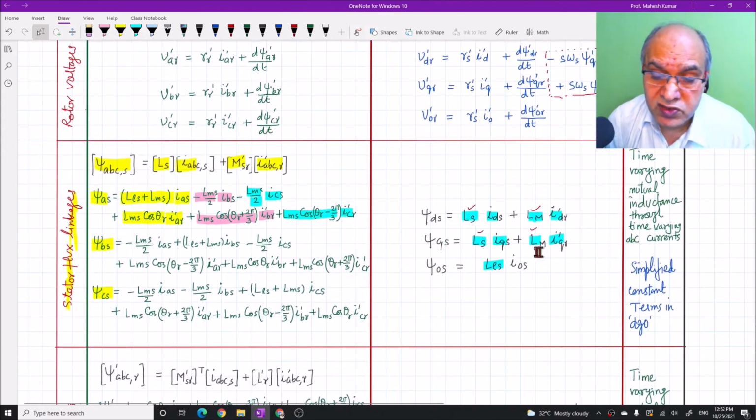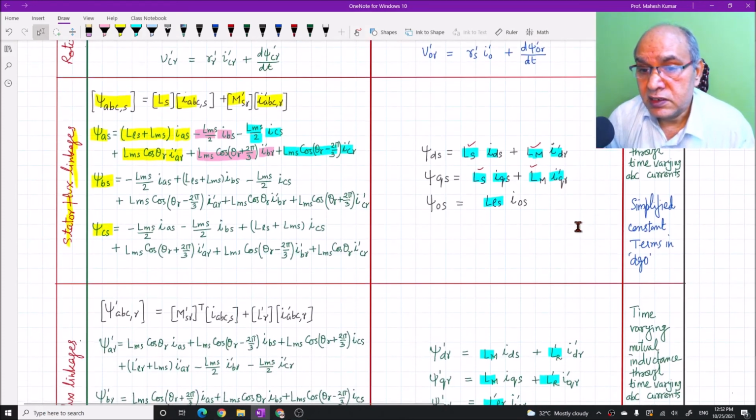But flux linkage equations are very simplified. They are written in the form of constants and the current variables. While in case of ABC, we have time varying mutual inductance through time varying ABC currents. But here we have simplified constant terms in DQ0 frame.